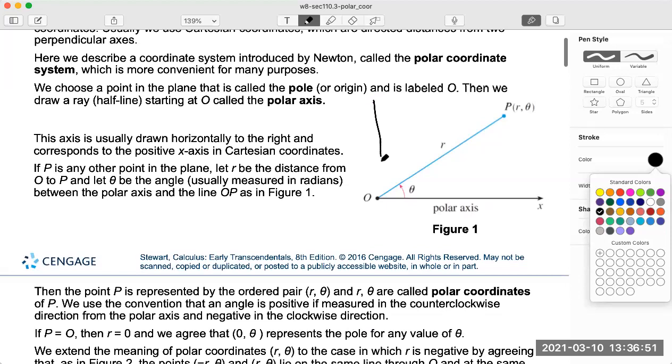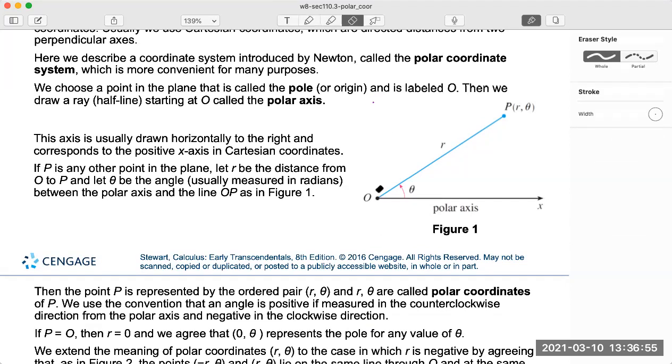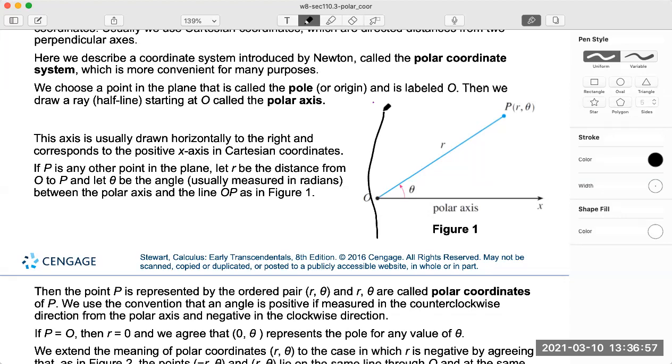OX and OY, right? And a position here, any point P here, we project to the OX axis and we project to the OY axis. It is a Cartesian coordinate.